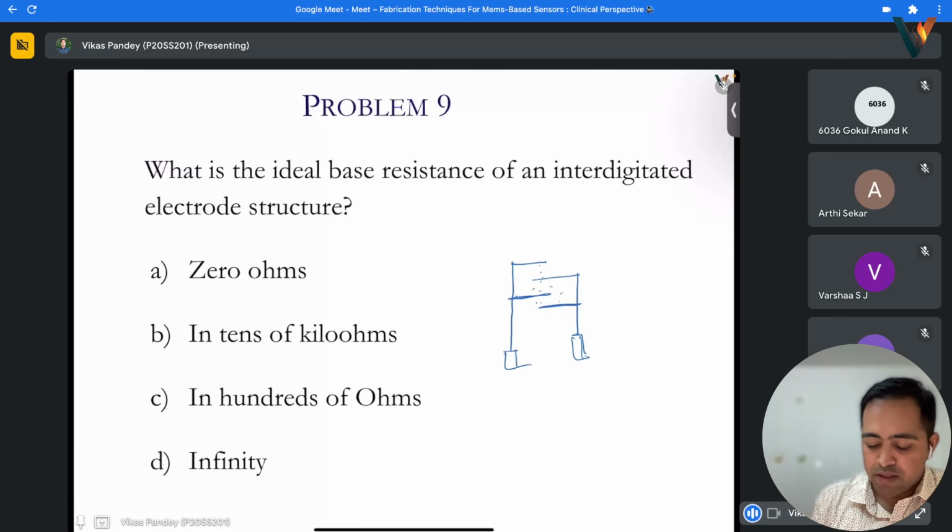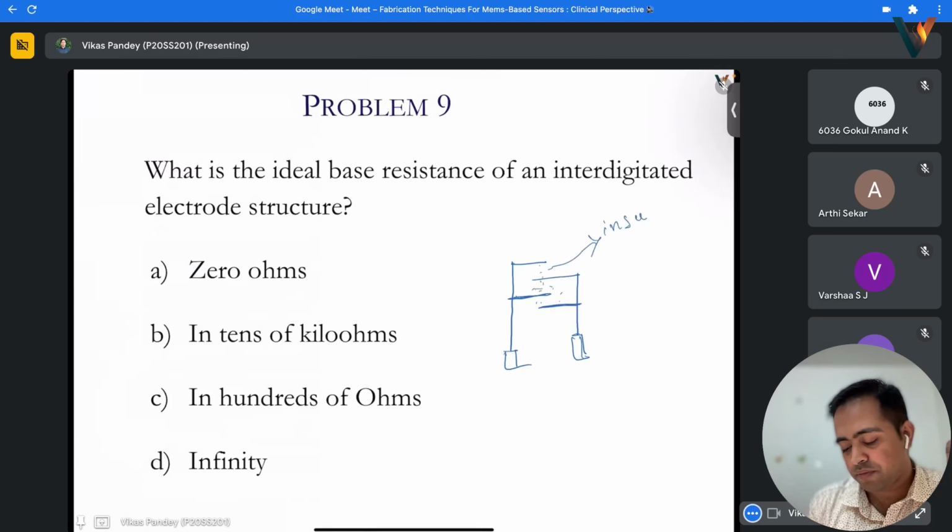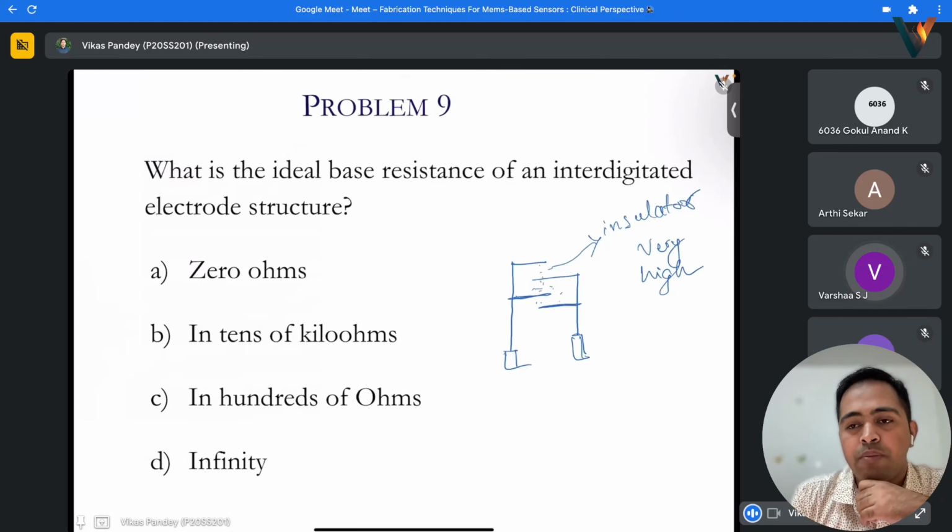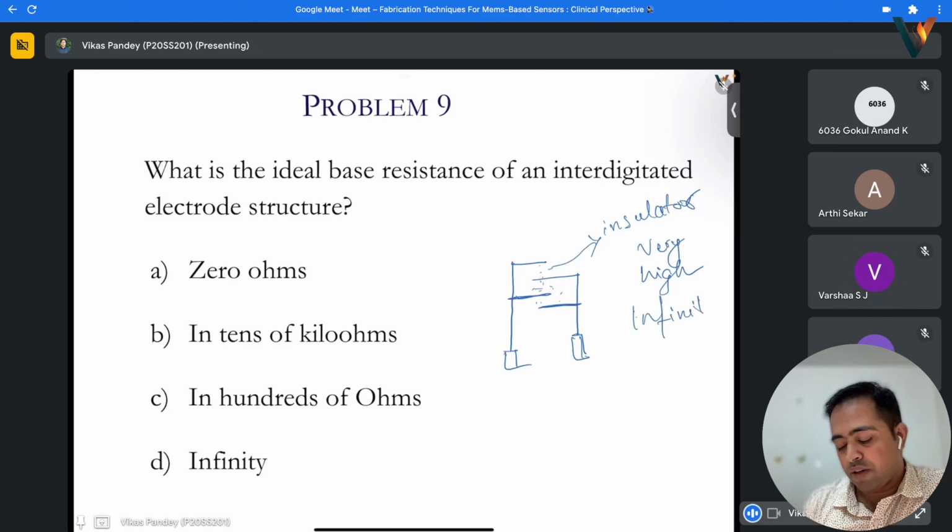Or we can say this area is actually an insulator, and for an insulator, what is the resistance? Very high, or we can say infinity. So if we are going for an ideal ID pattern, it is having an infinite resistance.